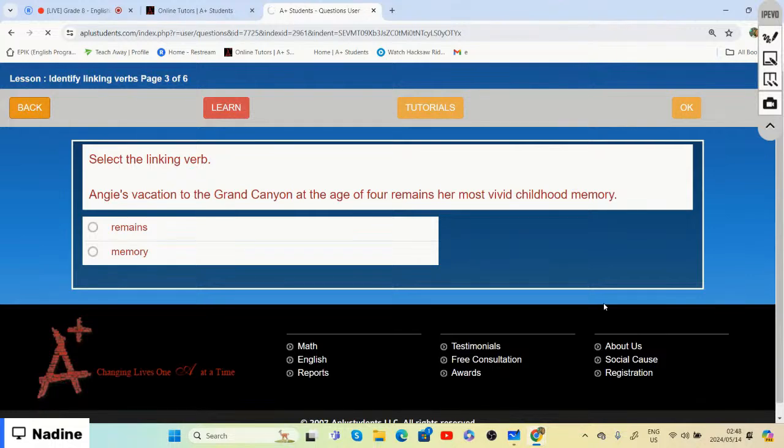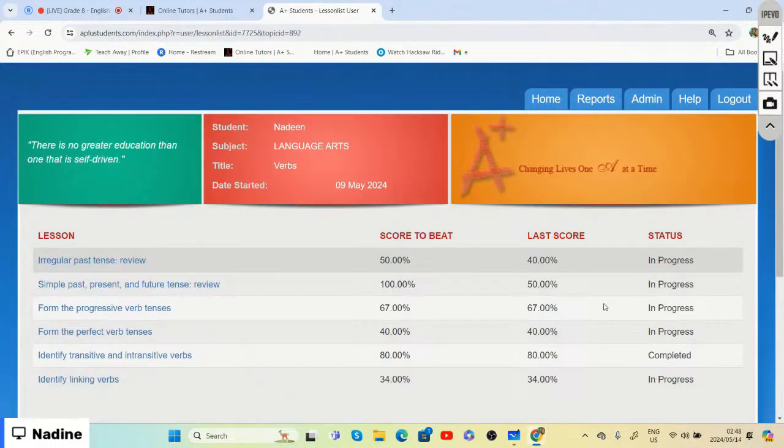All right, so this is now the end of our lesson on verbs. Remember, there are different types of verbs. We don't just have verbs that are just a doing verb, right? Nowadays, there are different kinds of verbs. We have irregular past tense verbs, we had simple past tense, present tense, future tense verbs. Then we went over progressive tense verbs, right? And then today we specifically focused on perfect verb tenses, right?